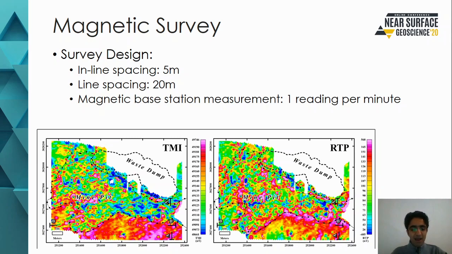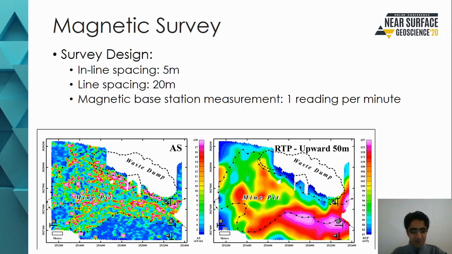And as you can see, there is a clear difference in the values of the magnetic field intensities in the southern part and in the central part of the map, and you would see the result of this variation in the RTP map, which highlights the anomalies much better.